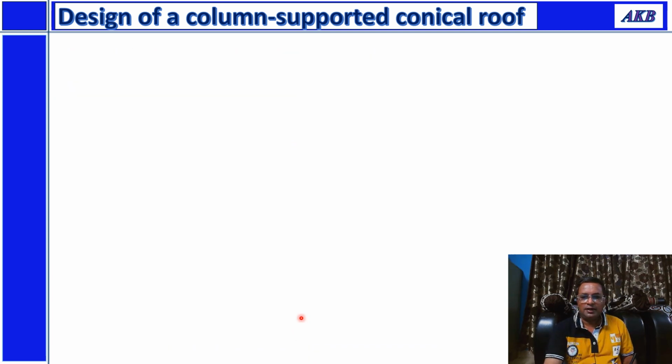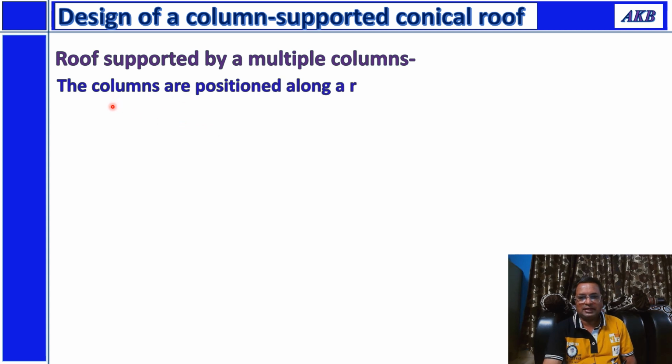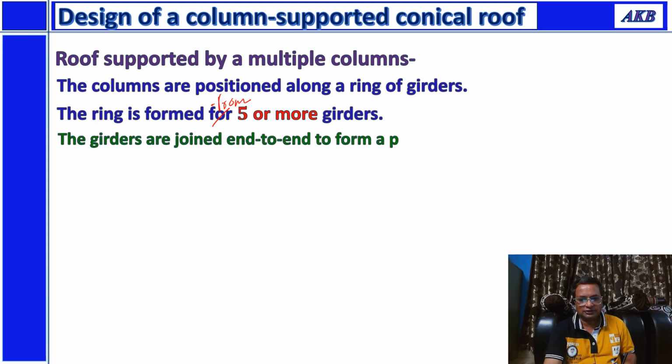Now let us look at a roof that is supported by multiple columns. As understood earlier, these columns are positioned along a ring of girders. The ring is formed from 5 or more girders. These girders then are joined end to end to form a polygon support for the rafters.